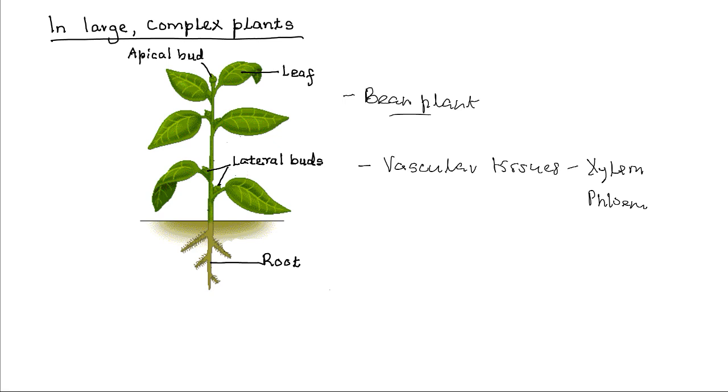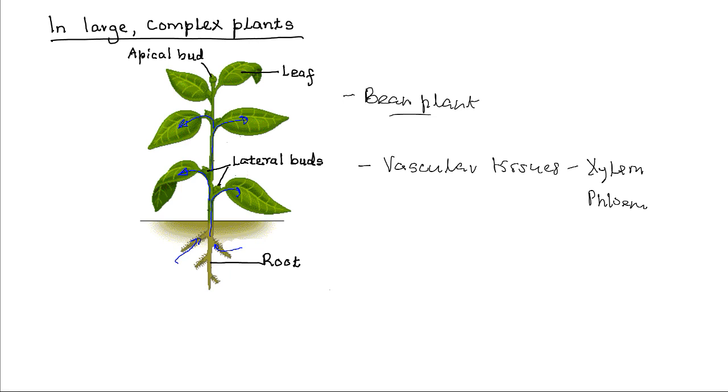from the soil, water is absorbed into the plant through the roots, and then it's transported through the specialized xylem to all the other parts of the plant, especially the leaves, where the water is used in photosynthesis.